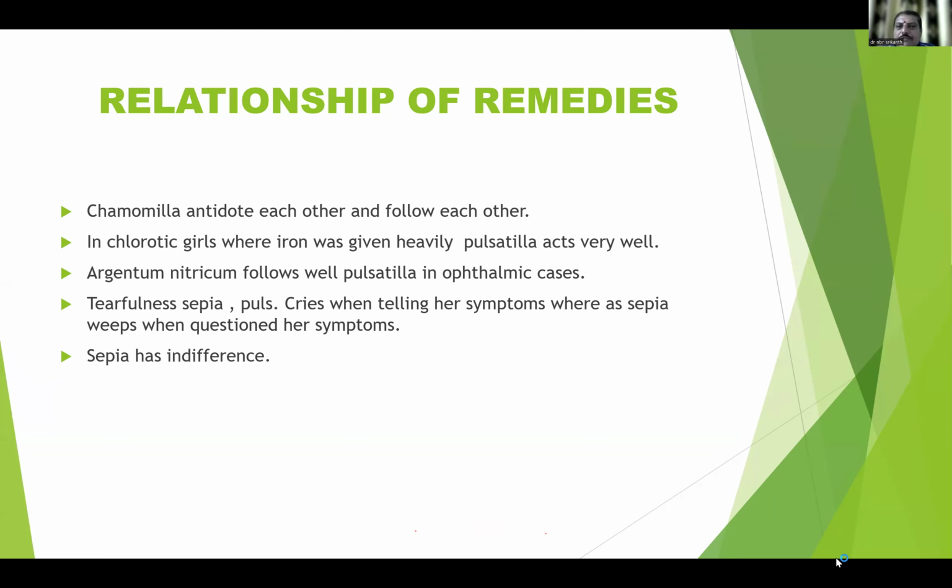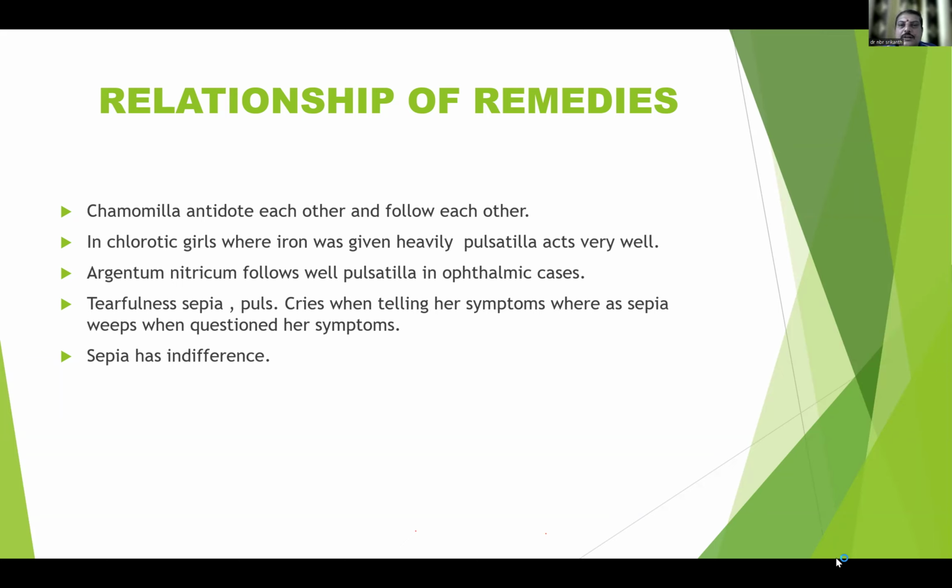But instead of resorting to these crafty things of using iron tablets, it's always better to go with our homeopathic remedies. Many remedies help us in these chlorotic young girls, like Acetic acid, Phosphorus, Pulsatilla, Manganum, Ferrum metallicum.